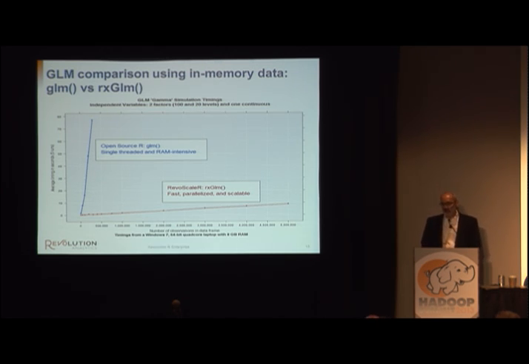You can see that the blue curve, which is open source R, has a much steeper slope, and it does run out of steam and hit memory limits below 500,000 rows with the 2 factors and 1 continuous variable that are in this data set. Whereas RevoScaleR is scaling with very little problem and great speed out to 5 million rows and beyond.